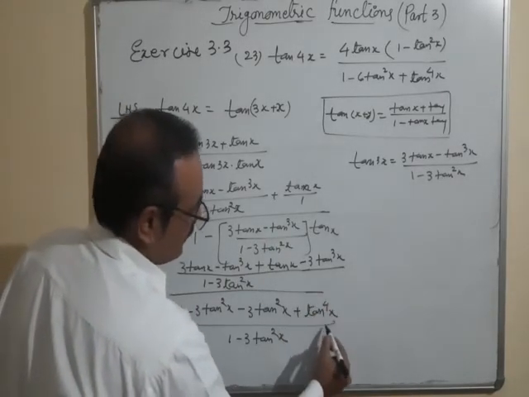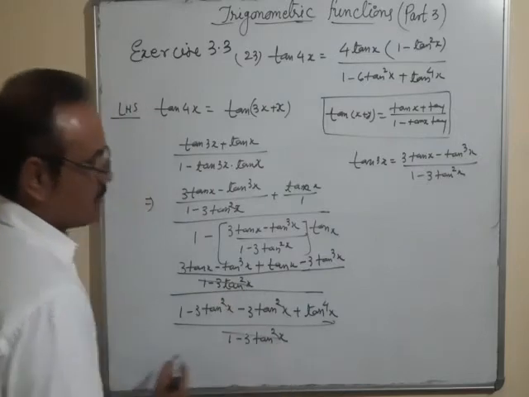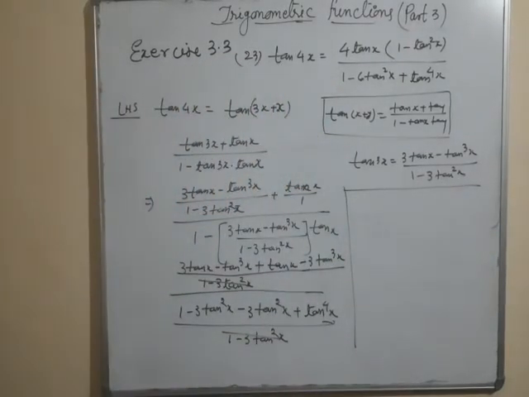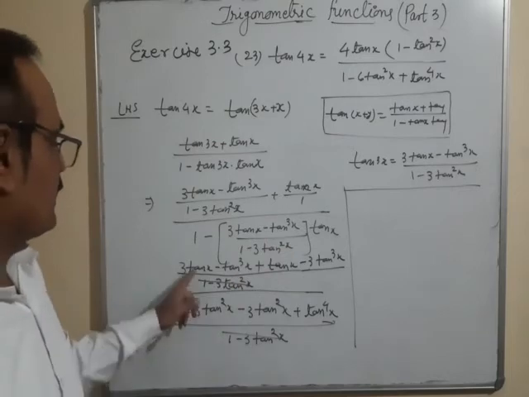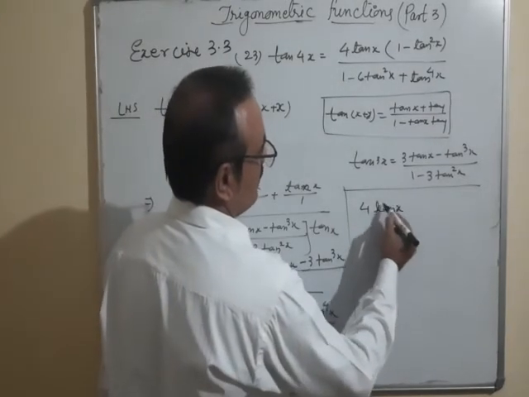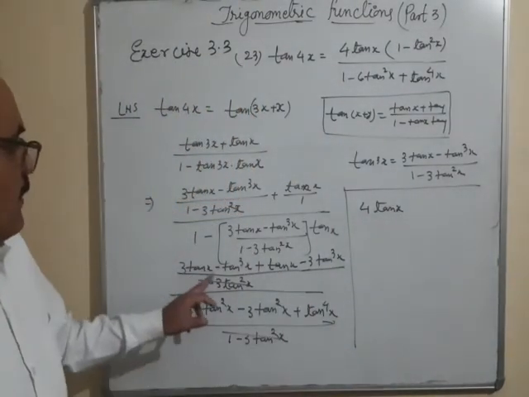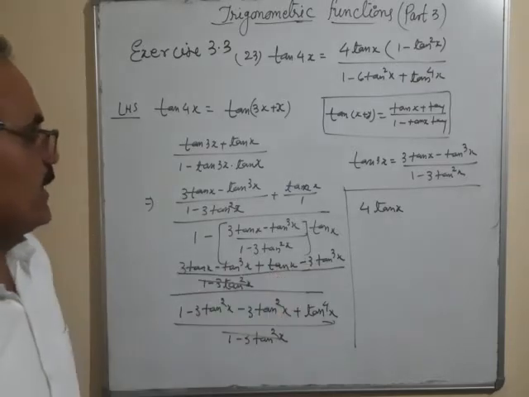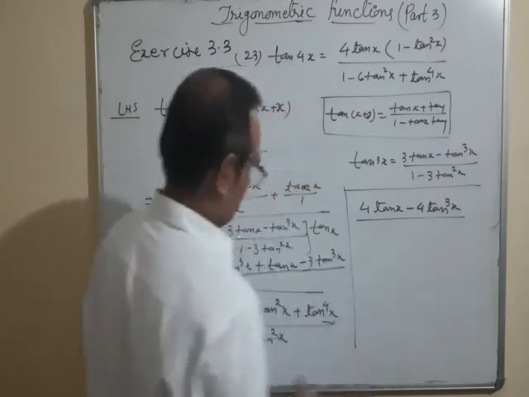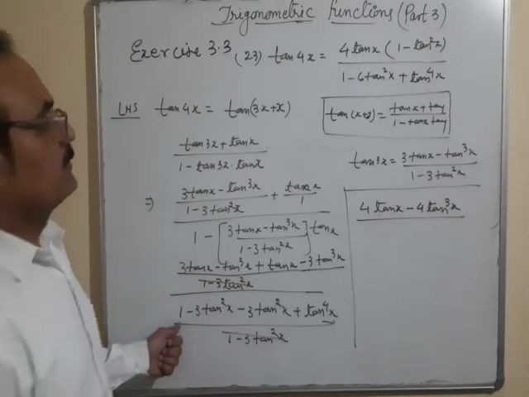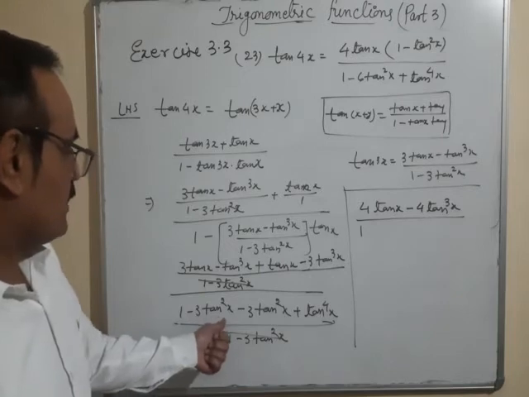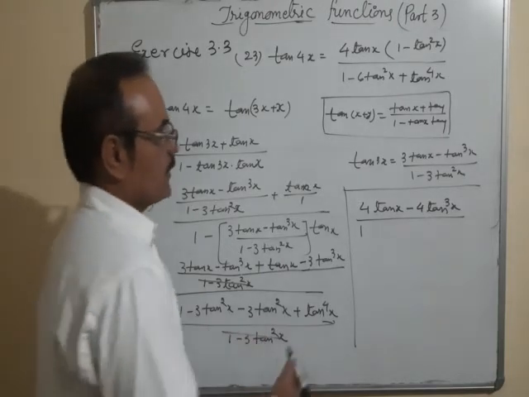You can see that the second term and the fourth term will cancel, and the remaining terms I am writing here, like terms collected. 3 tan x plus tan x is 4 tan x, minus tan cube x minus 3 tan cube x is minus 4 tan cube x, upon 1 as it is, minus 3 tan square x and minus 3 tan square x is minus 6 tan square x.